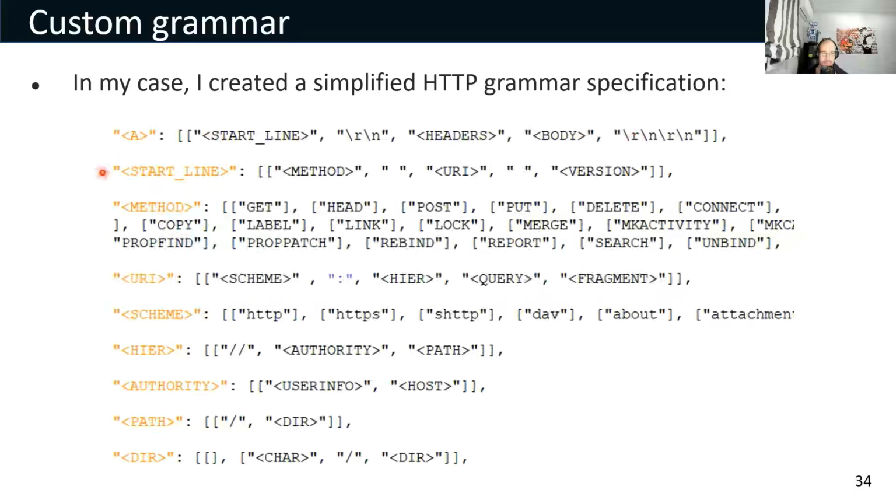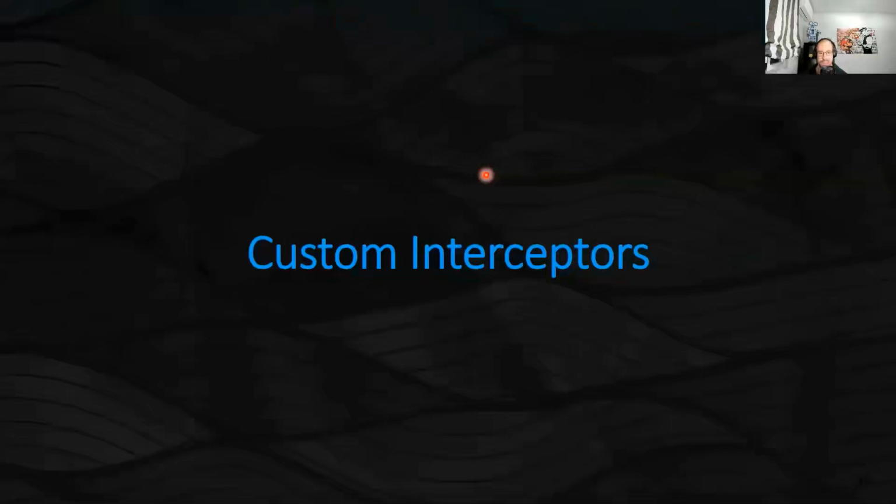And every single start line is composed of a method, for example GET, HEAD, POST, the URI, and the HTTP version. This is just an example, but as you can imagine, every type of grammar specification can be defined.